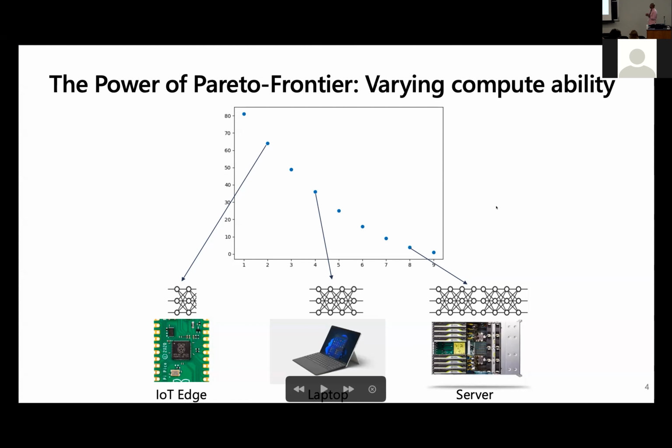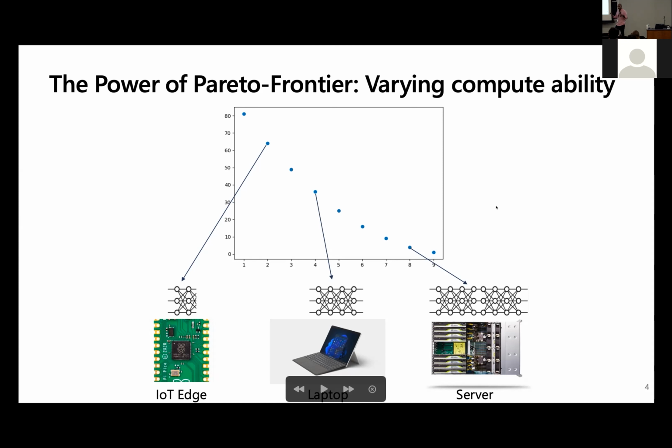Okay, so, power of Pareto frontiers. The Pareto frontier just means the optimal trade-off curve between multiple objectives. Usually when you are doing neural architecture search to figure out the right model to deploy on your device or service, you are trading off between inference latency or peak memory footprint, which is important on mobile devices, and of course your task accuracy.